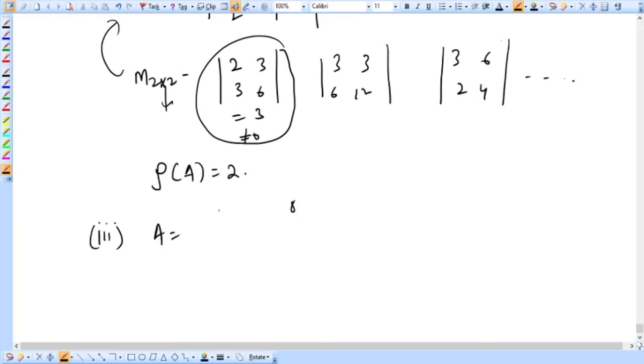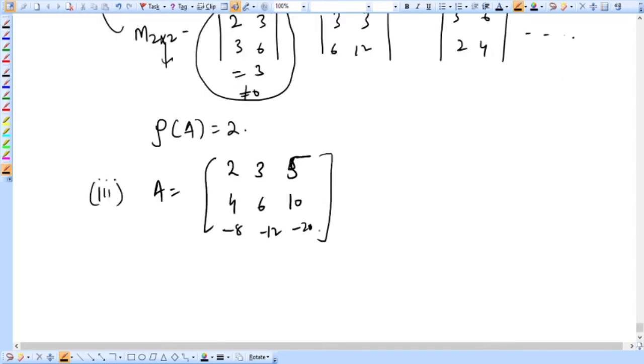Here A is equal to 2 3 5, 4 6 10, and minus 8 minus 12 minus 20.